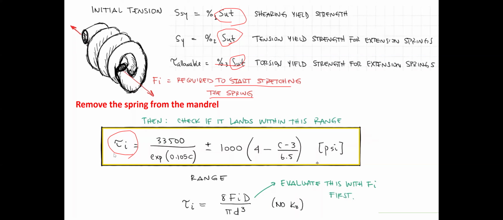This tau i can be evaluated by the Fi, the initial force, first without KB. We just simply evaluate.